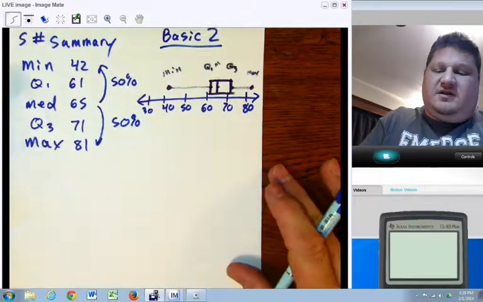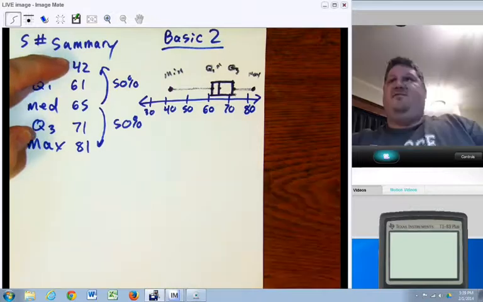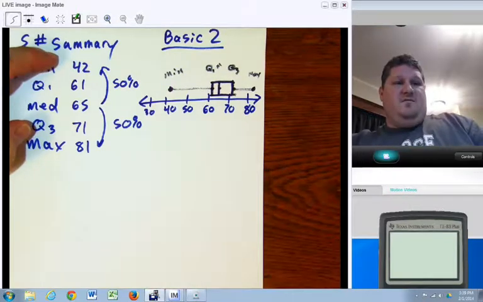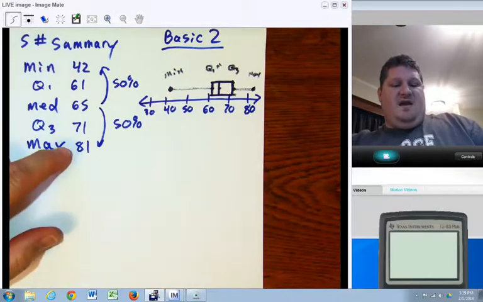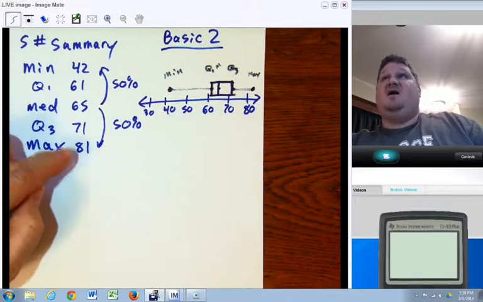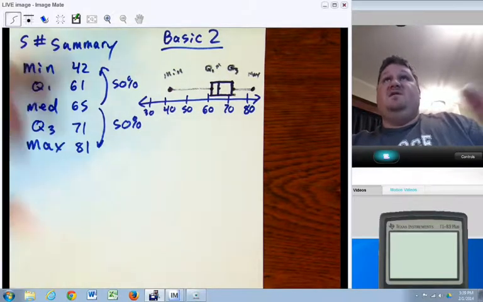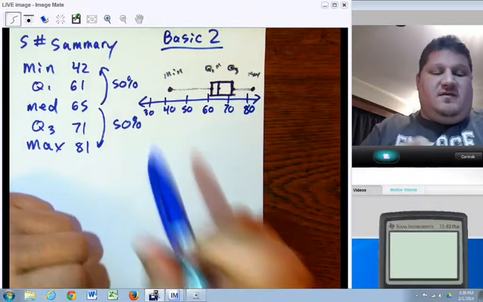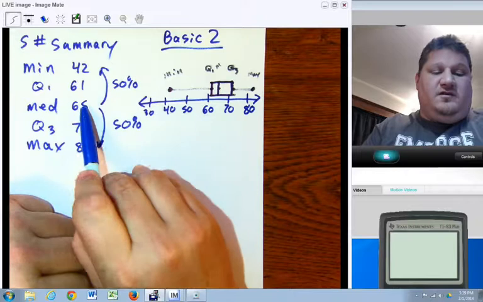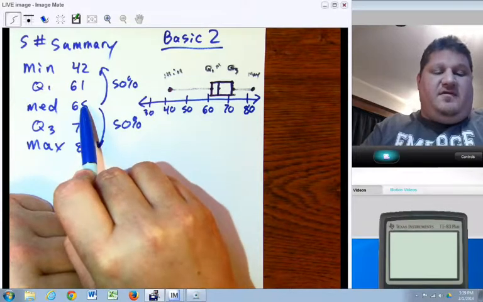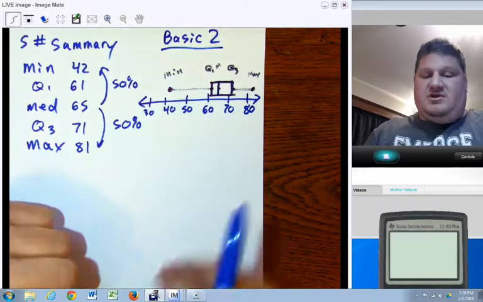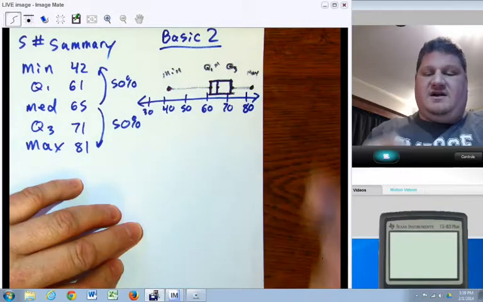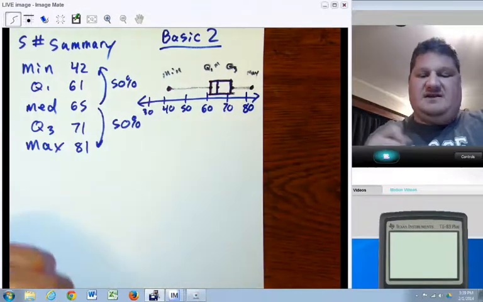If we look at this, it does make sense because we have 42 and we have 81, and the 65 is a lot closer to the 81 than it is the 42. Somewhat closer. Primarily our Q1 is way closer to our median than the 42 is. So we have this picture. It graphically displays how our data is spread out.